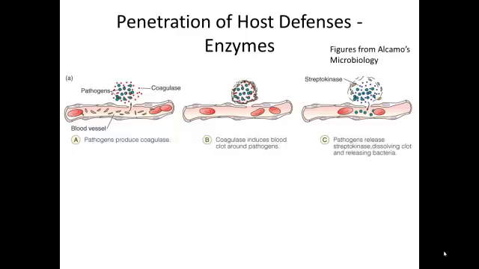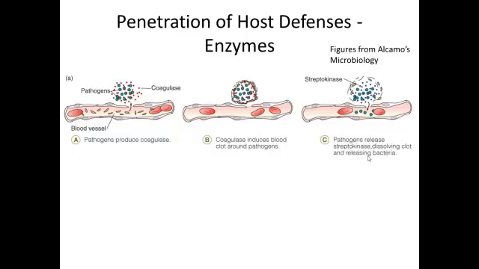Well, these pathogens, if they produce coagulase, it will cause platelets to form a clot around them. Then when the white blood cells come, they say, hey, okay, we have a break in the wall, but I don't see any pathogens, so everything's okay. Then later when the white blood cells leave, then the pathogens can produce streptokinase, which will break up the clot, they get into the bloodstream and wreak havoc.